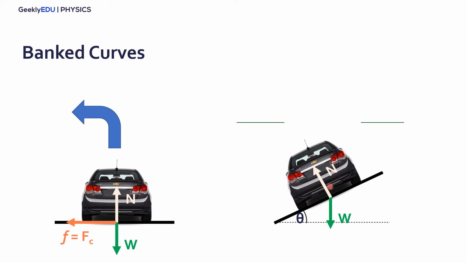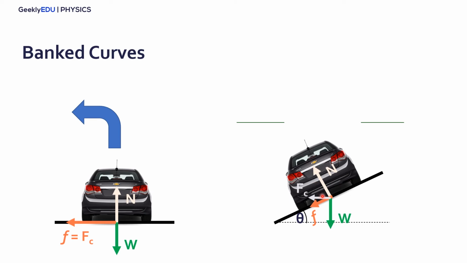So we have this normal force tilted to the left now because of this angle. We still have the friction from the tires that's pointing to the center of the curve so the car doesn't slip, okay? And now we have the centripetal force also pointing to the center of the curve, okay? So you notice that now that we banked the curve, we have a component of the normal force that's actually helping the centripetal force, the circular motion.